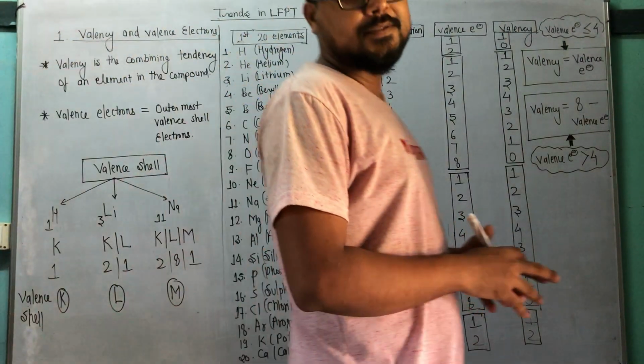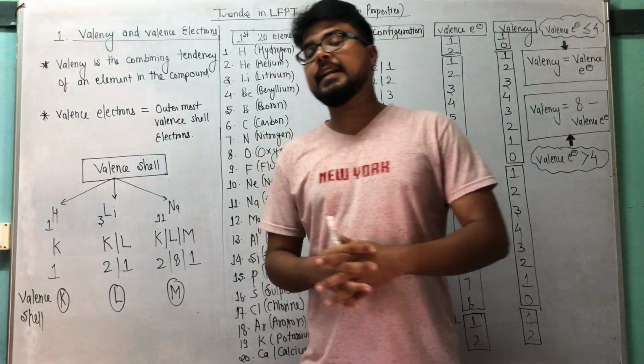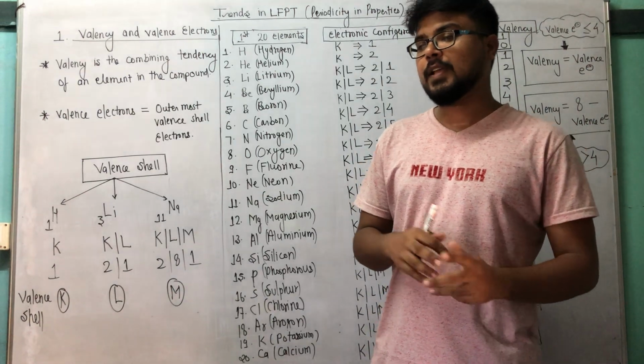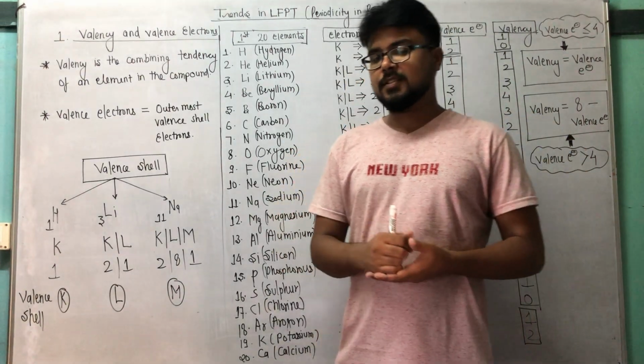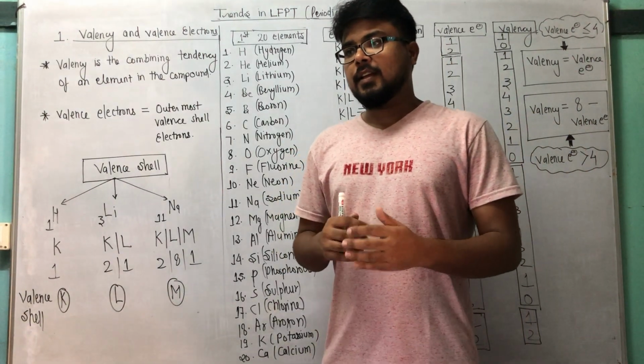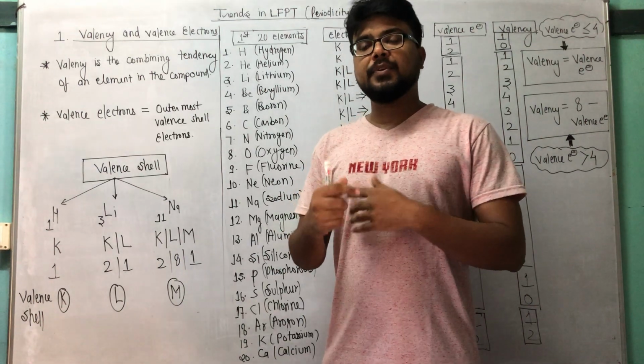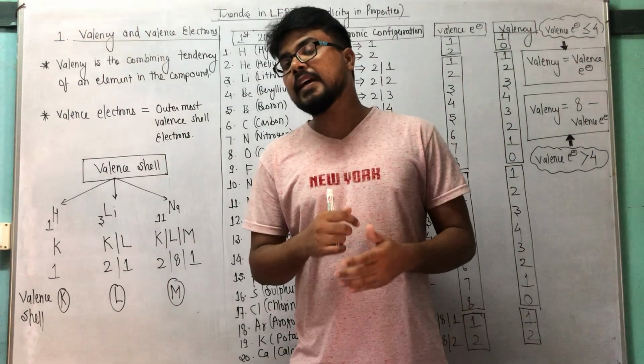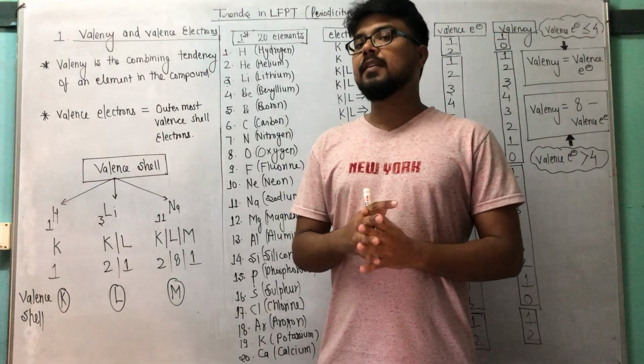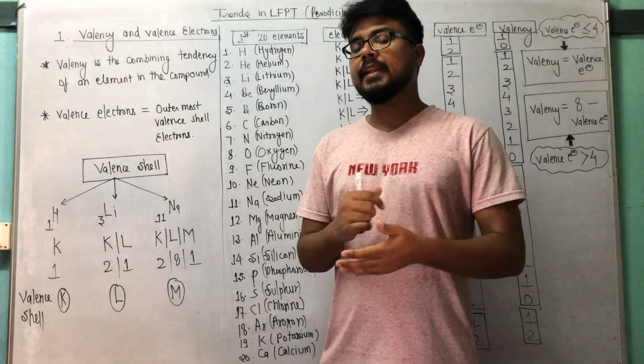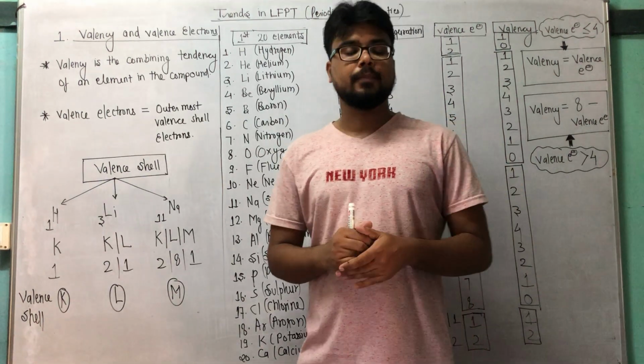Hello my dear students, after complete and healthy discussion on the periodic table portion, in our previous video lecture we learnt how we can remember those 118 elements in the periodic table.